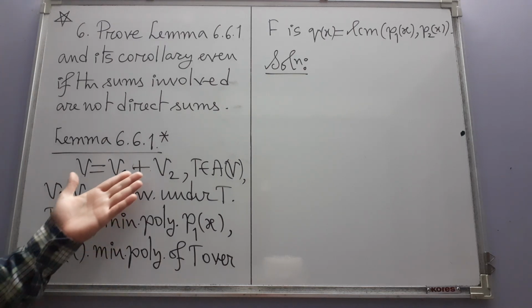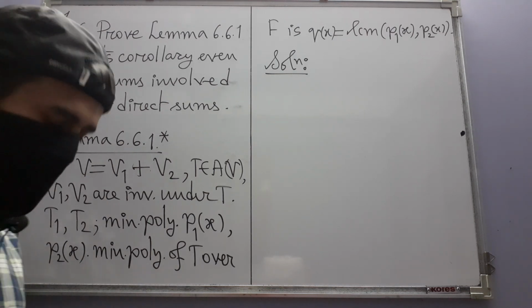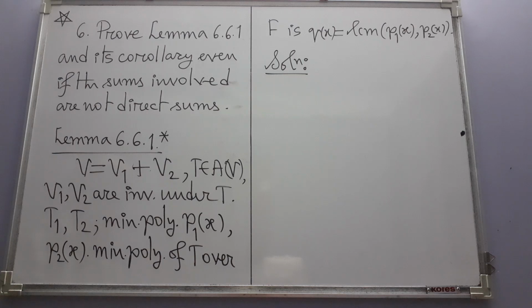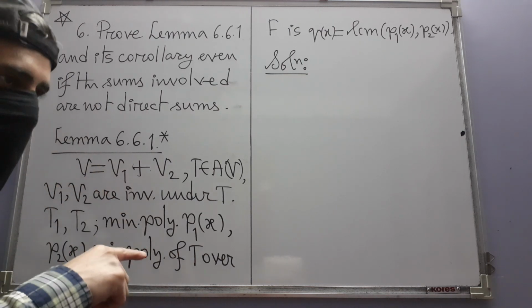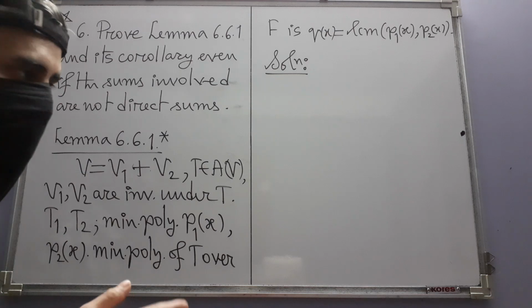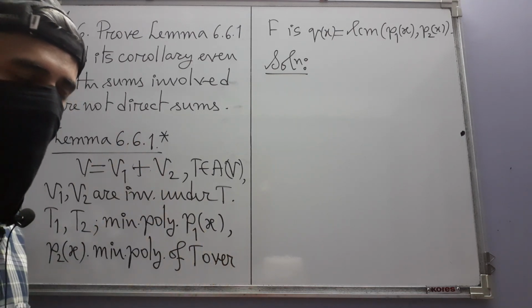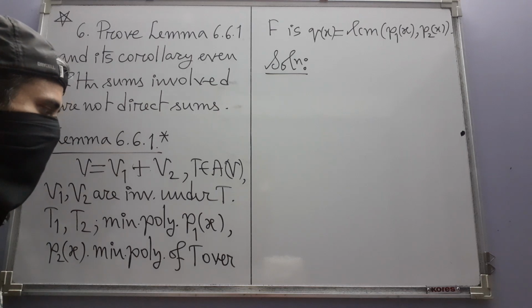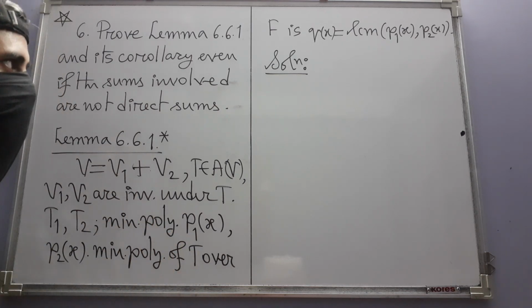By the way, what is the difference between a direct sum and an ordinary sum? Both are sums, so in both of them, any vector in V is expressible as a vector in V1 plus a vector in V2. But when you have direct sum, that representation is unique. When you do not have direct sum, there is no guarantee of uniqueness. That's the difference.